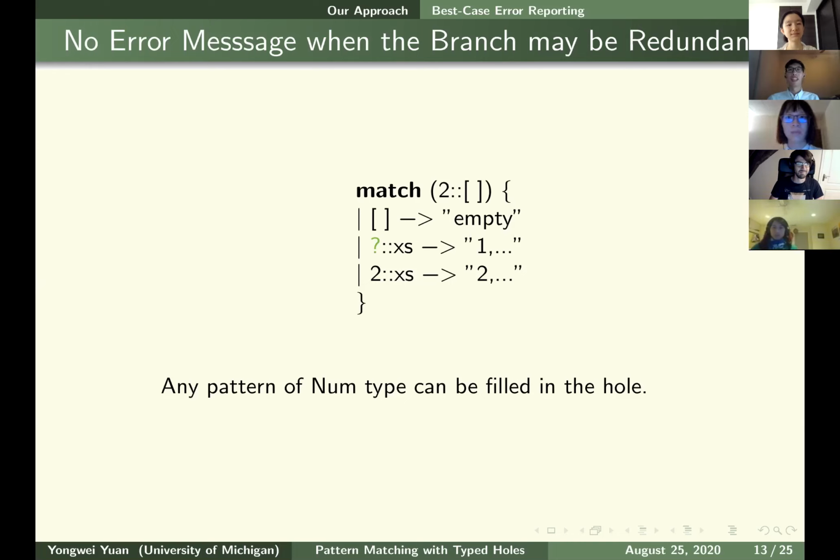But I think the unit type problem can be solved by, say, if we are considering whether the third branch here is redundant or not, and the expected type of the whole is a unit, then we can simply say, no, we can't find any pattern other than the unit pattern right here.